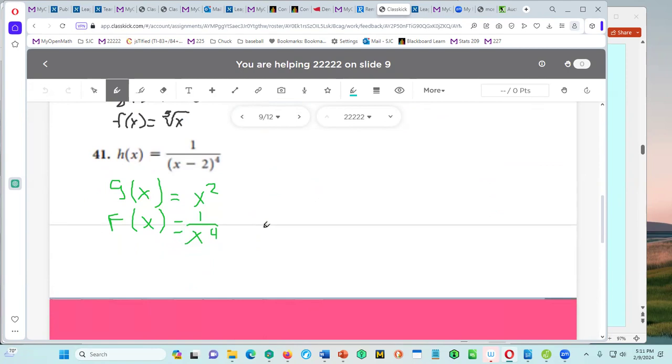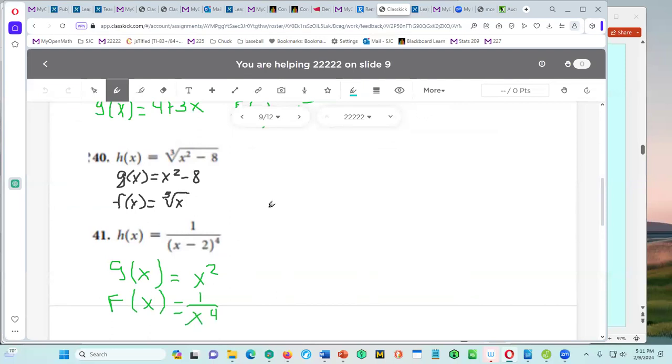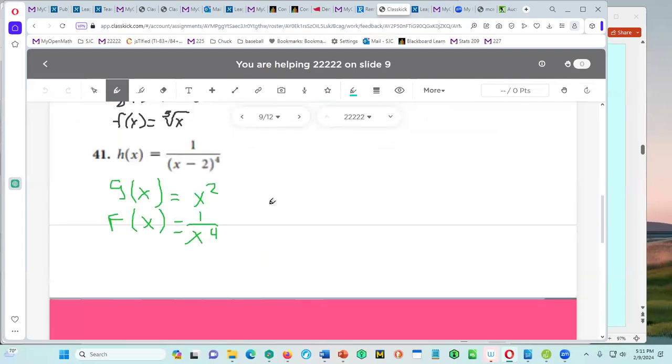Do you see why that doesn't work, as I say, on number 41 in slide 9? Yeah. I'm trying to work it out on my notebook.